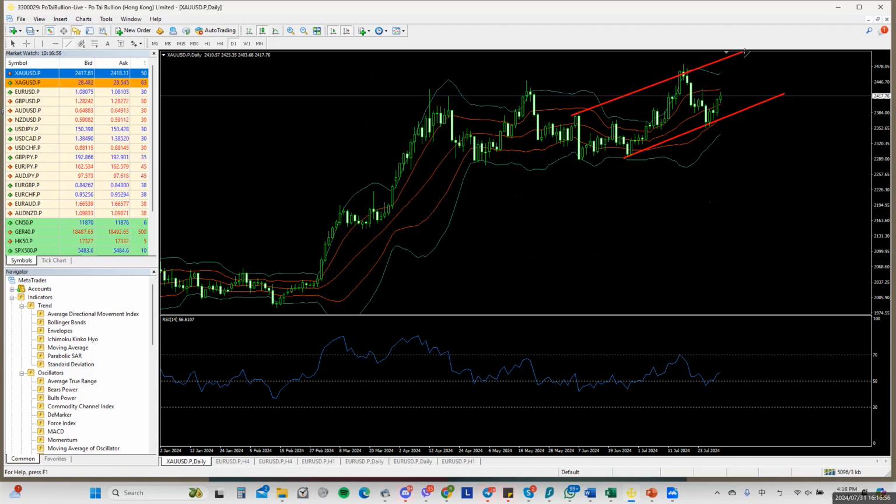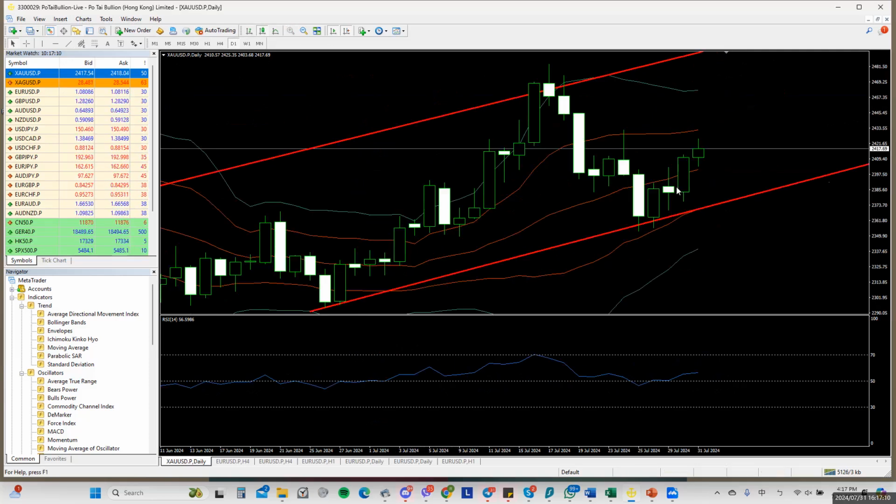Highs are getting higher and higher. We are seeing a potential bullish channel on D1. RSI is above 50, so more bullishness. Price right now is in between the 1.0 deviation band and above MA20, potentially still more bullishness.